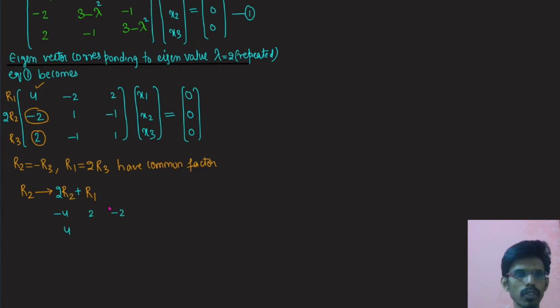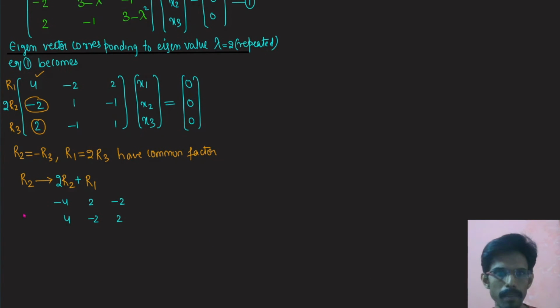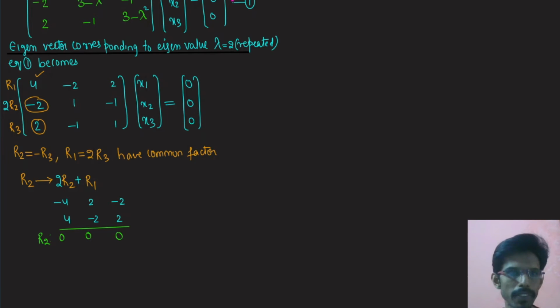R1 is 4, minus 2, 2. Now if I add this, I'll get 0, 0, 0. So new row 2 has all elements 0.